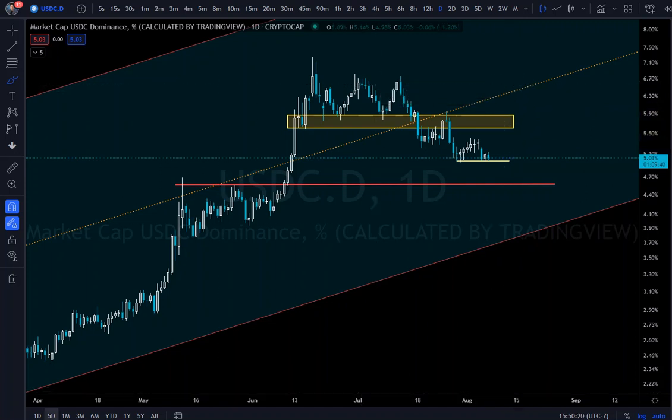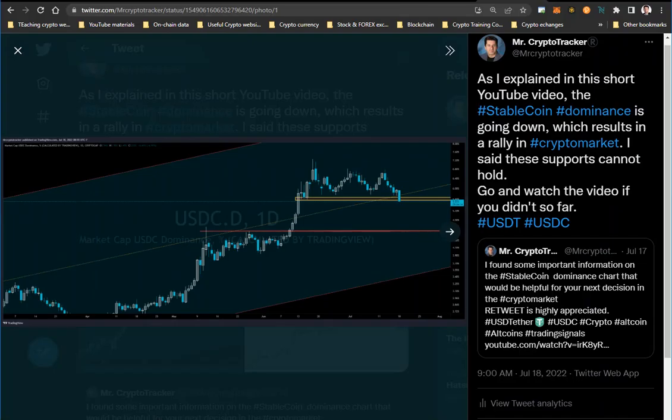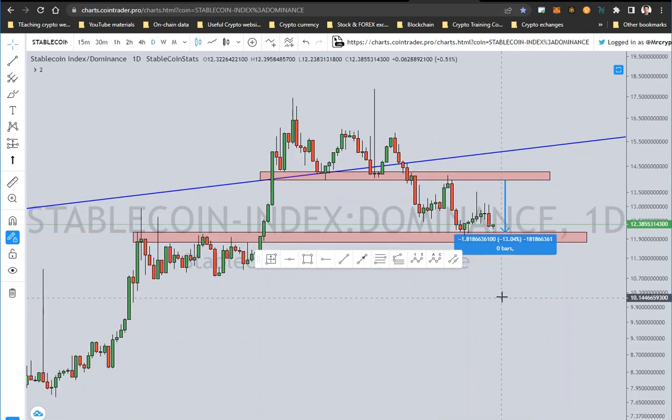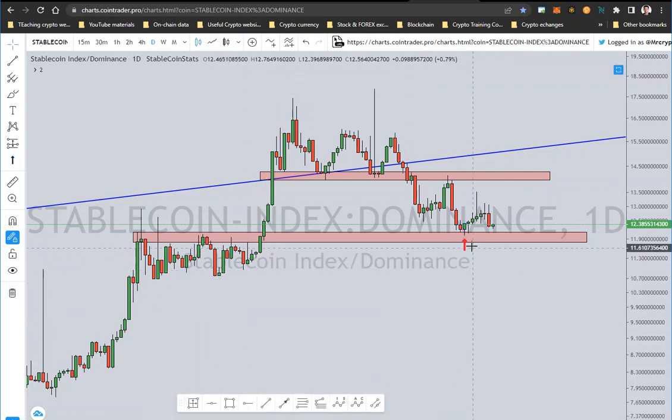And also let me show you this chart. This is the whole stablecoin index. As you can see, it dropped about 13%, and here it shows us a bounce in this area. And yep, if this support can hold, it's not good for the crypto market.